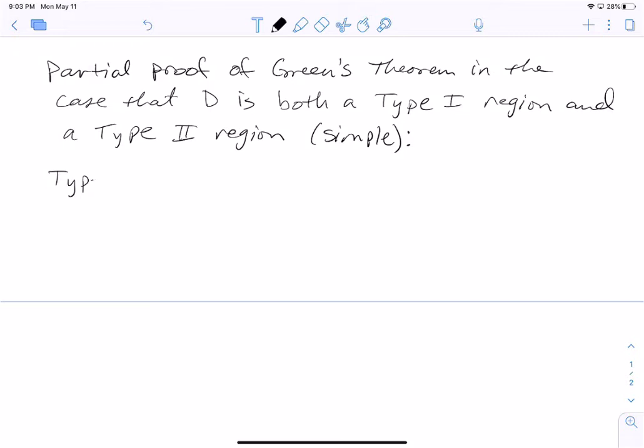A type 1 region is one in which D can be expressed as a set of ordered pairs (x, y) such that x is bounded by constants a and b, and y is bounded by functions of x, say g1 of x and g2 of x.